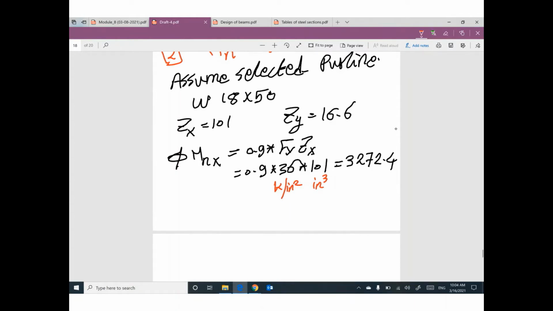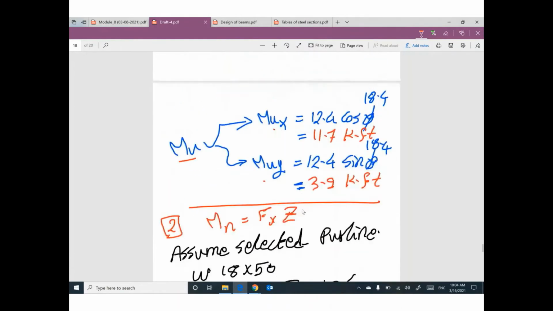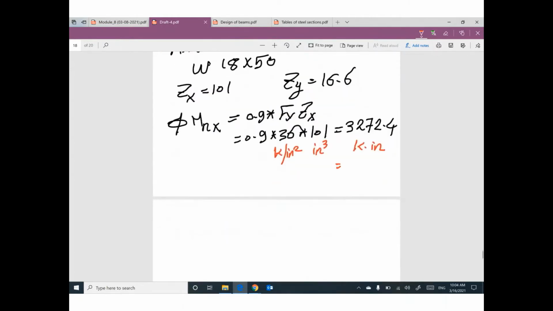So the final answer will be kip-inch. Please convert it to kip-foot, because the applied bending moment is kip-foot. I will divide it by 12. Your number will be 272.7 kip-foot.